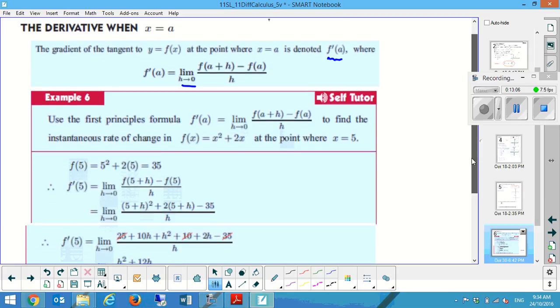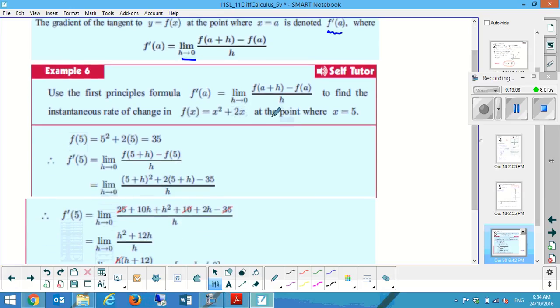And we can do this calculation from first principles. Calculate f of 5. So that's just going to be 5 squared plus 2 times 5, which is 35. f dash of a is going to be the derivative, is the limit as h approaches 0 of f of 5 plus h minus f of 5 divided by h.